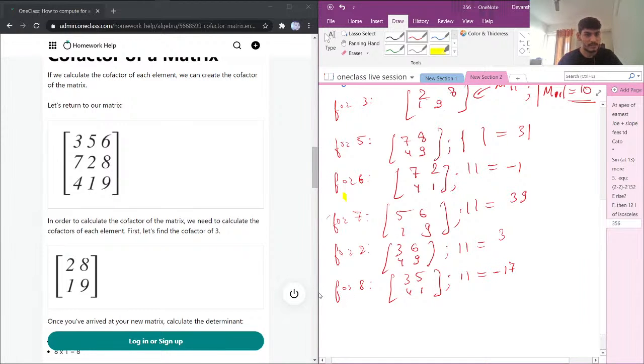Then for the last ones, for 4, we have 5, 6, 2, 8. 5 times 8 is 40 minus 2 times 6, 12, which is 28.